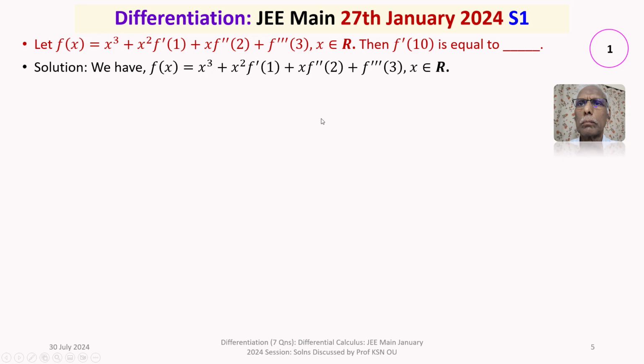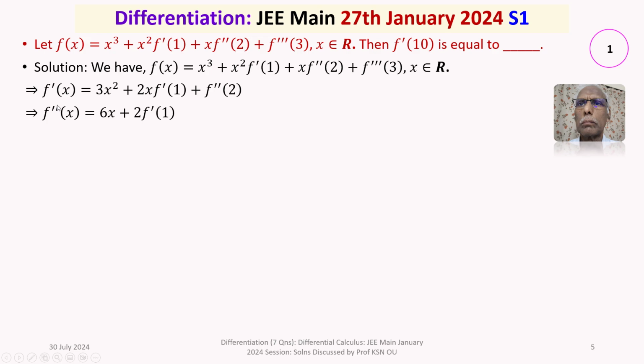To get the values of f prime 1, f double prime 2, f triple prime 3, we differentiate f of x. f prime x is equal to 3x square plus 2x into f prime 1 plus f double prime 2. Right. Now differentiate again.